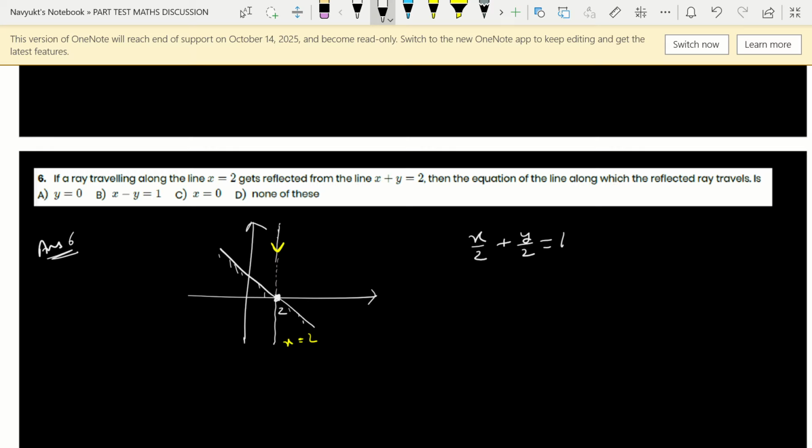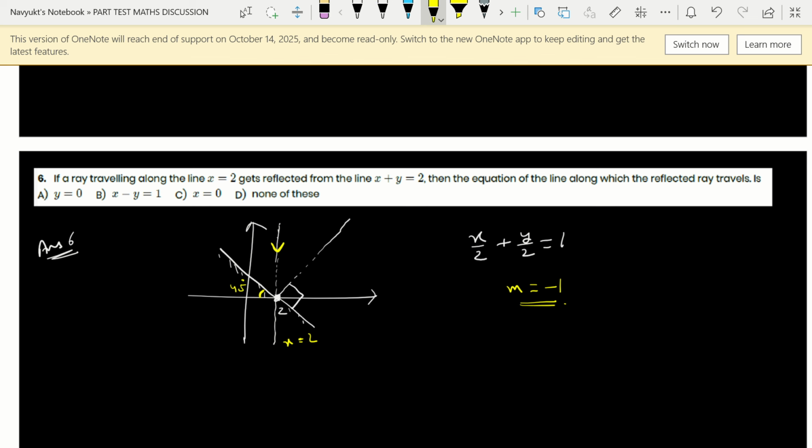Now one relation which we all know is that first of all, x equals 2 is a vertical line. This mirror line has slope, as you can see, of -1. So this whole angle would be 135, so this would be 45. Now let's make a normal to this. First of all, this is 90.